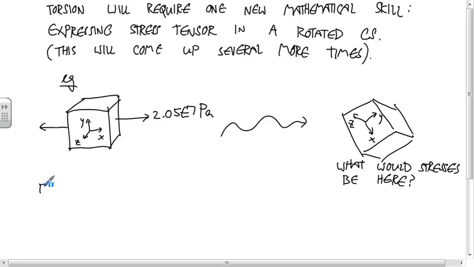We know that for a vector, the same, what? Wouldn't it be the same between the coordinate systems? Well, no. The idea is that this stress cube represents a coordinate system.